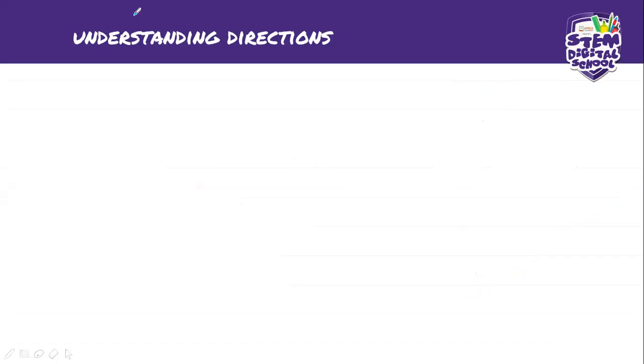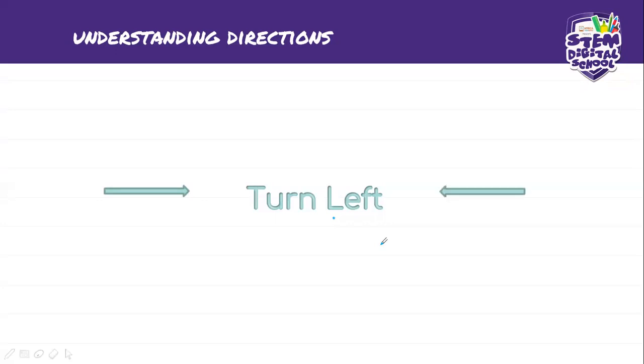I want to show you guys that if we turn left, it is all going to depend on which direction we come from. Because we can be moving from that way, from that side, from the bottom towards the upper end of the screen, or we could be moving down.